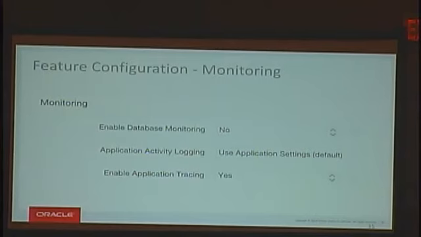And there are different monitoring settings if you want to enable activity logging for your application. Sometimes you might want to disable that on an instance level and not do this detailed tracking of which report, which page has been called, because that could also add load to your system.